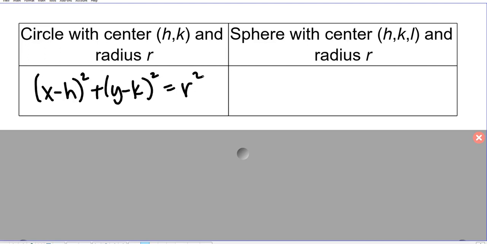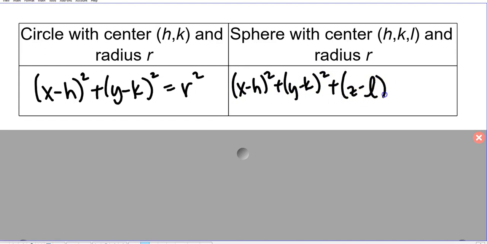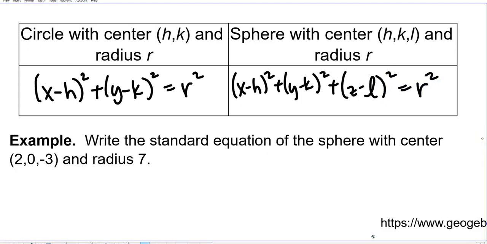So a sphere, let's say with center (h, k, l), because now I need a z coordinate for the center as well, is (x minus h) squared plus (y minus k) squared plus (z minus l) squared equals r squared. Okay, so you try the example, and then let's see how you did.